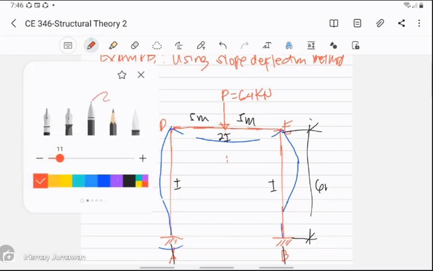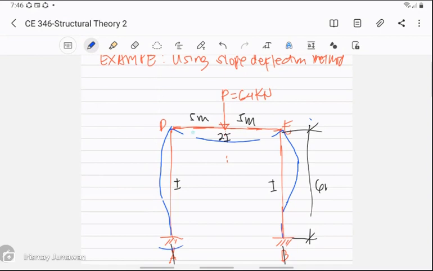So in this problem, we can analyze this frame without sway because the load is at the axis of symmetry. So you are going to draw the elastic curve, that is the blue one.